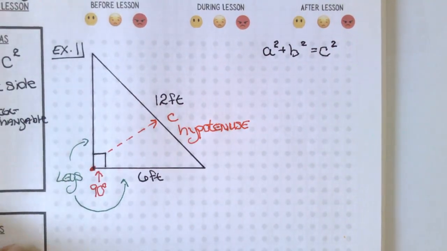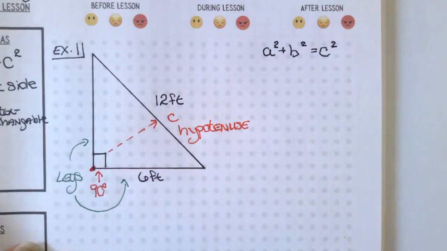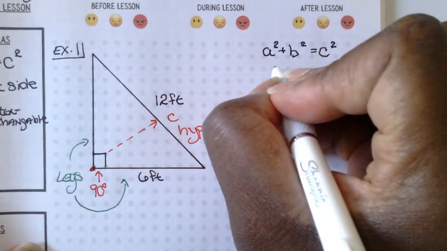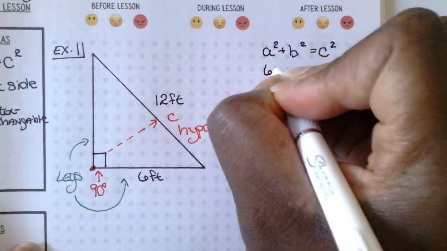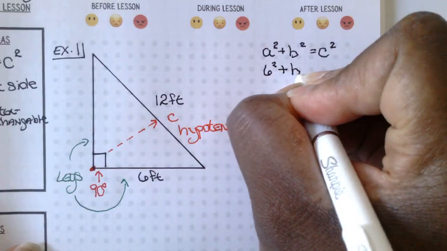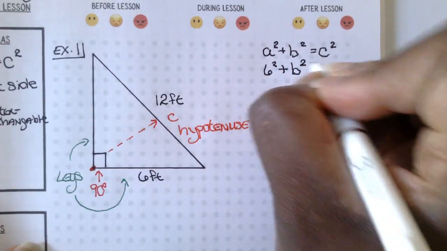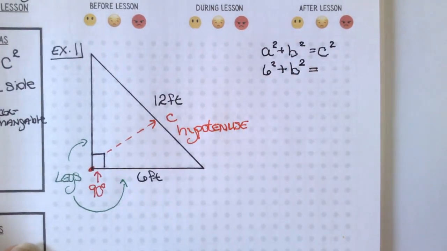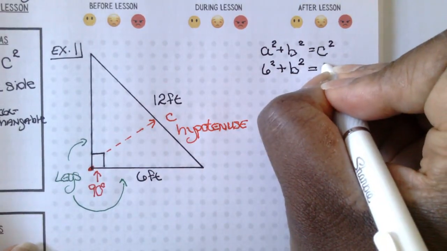Alright? So when we plug in, doesn't matter which one's my a and my b. So if I want to, I can say 6 squared plus my unknown side. If you want to keep it as a b squared, you can. Equals my c squared.